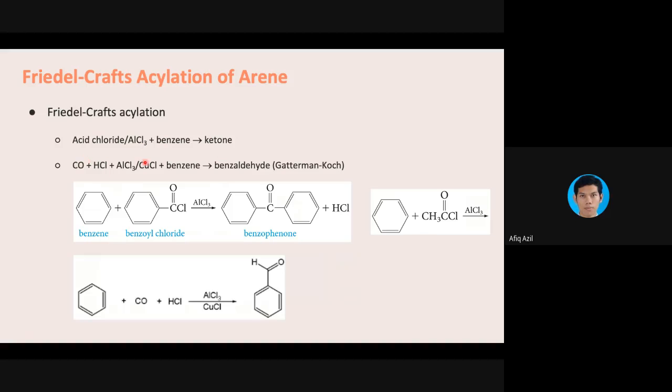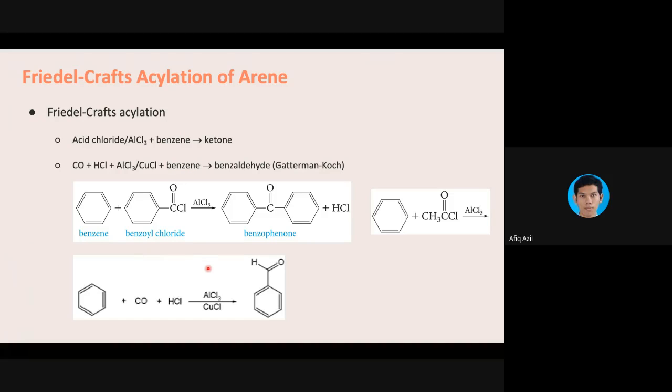And there is also another type of reagent that you can use, which is carbon monoxide, hydrochloric acid, in the presence of aluminium chloride or copper chloride, and benzene. Benzene will always be the starting material.